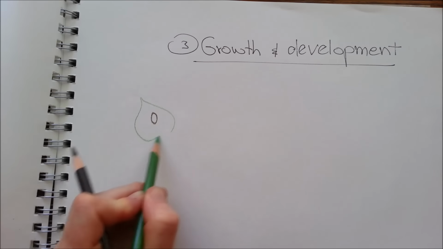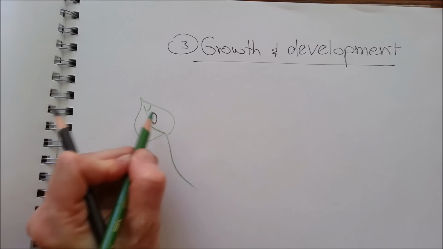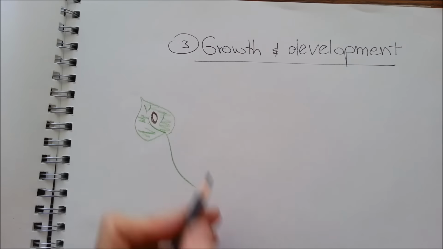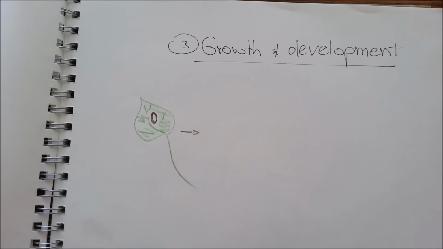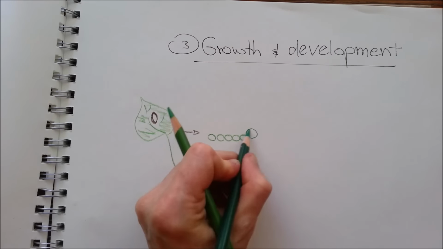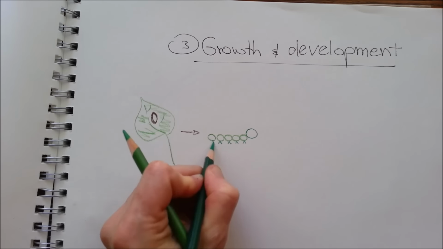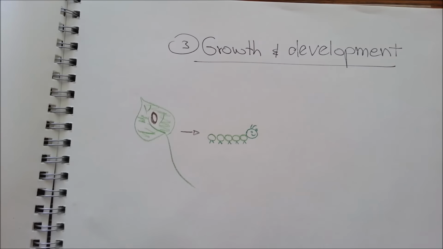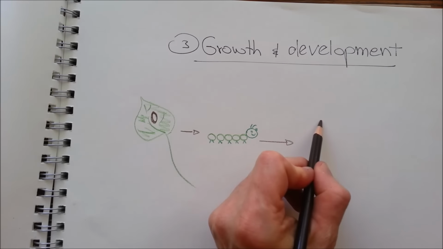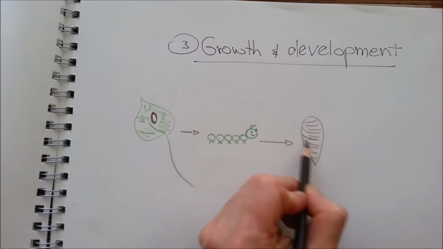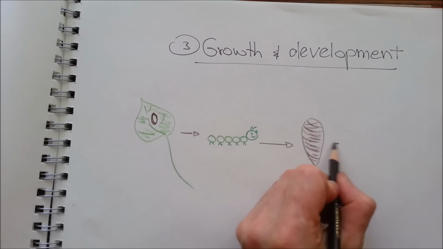Let's say this is laid by a butterfly, and this tiny egg over time will hatch and produce a caterpillar. The caterpillar will eat and eat and eat and will grow and develop, and it's going to build a cocoon around itself, a structure that protects the caterpillar.